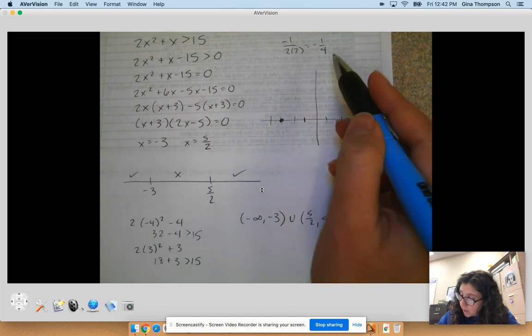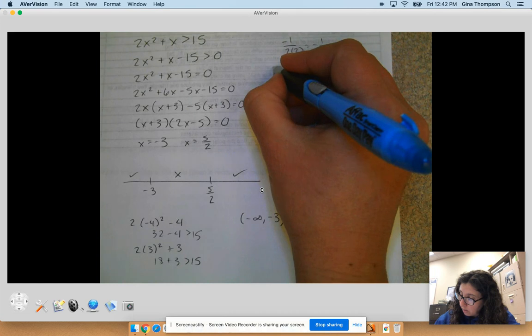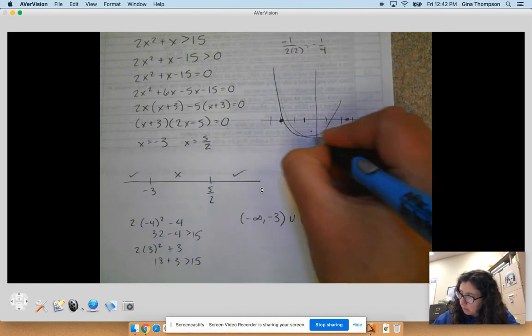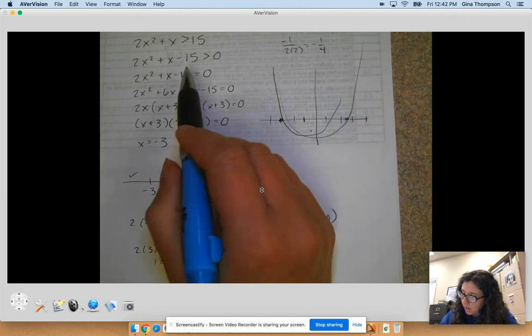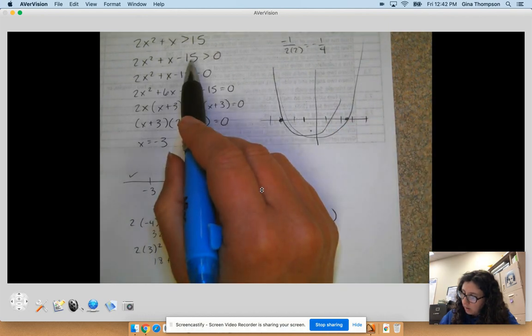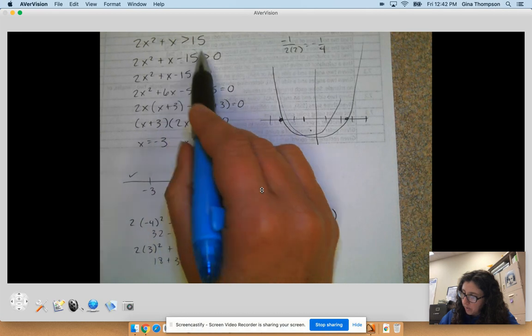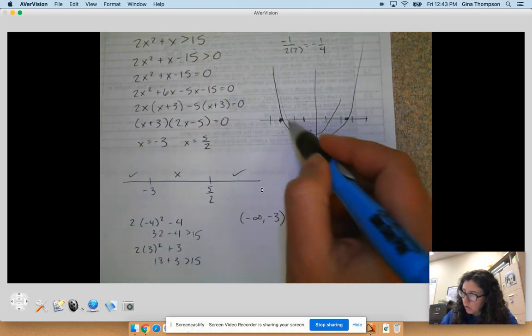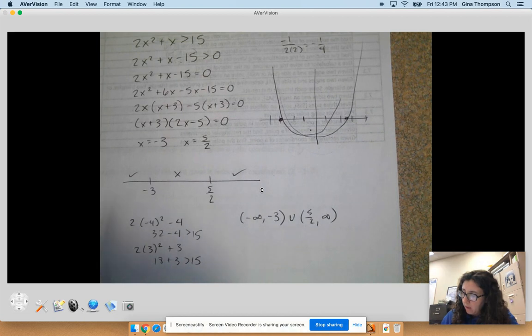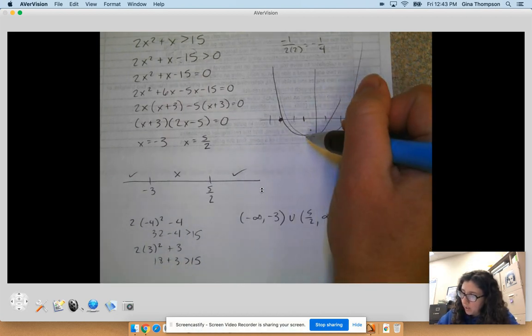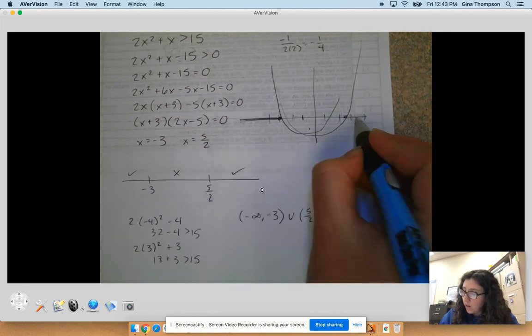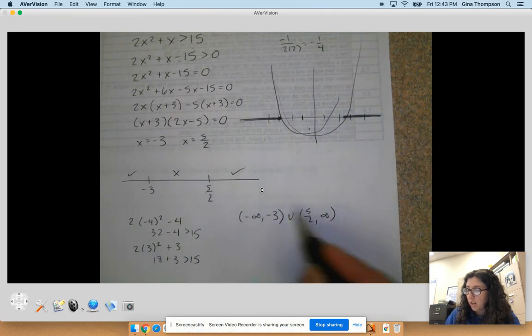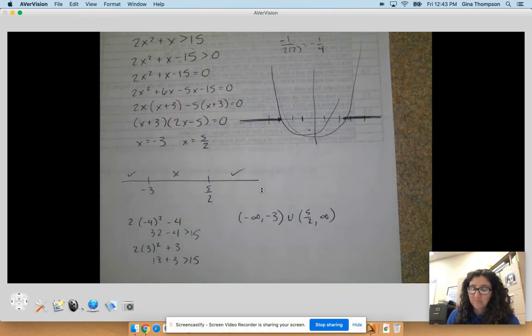So at negative 1/4, somewhere around here, the parabola is going to look something like that. The y-intercept is at negative 15, so I probably should have made that a lot lower. So this is not a very impressive graph of this parabola, but we can see where it is greater than 0. It's greater than 0 here, and it's greater than 0 here. Those are our intervals, okay?